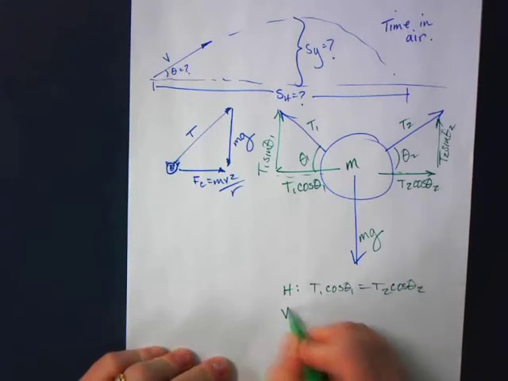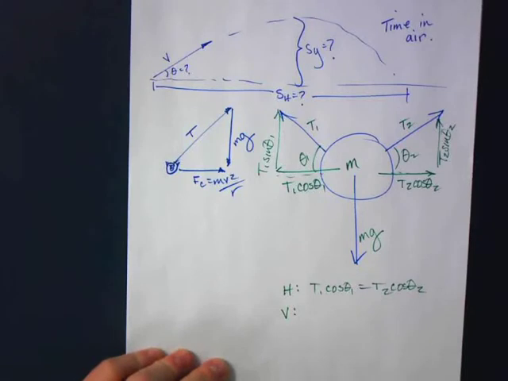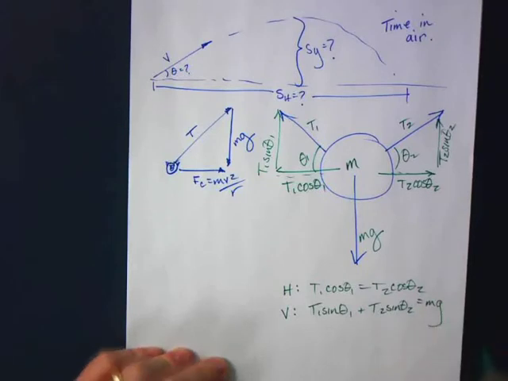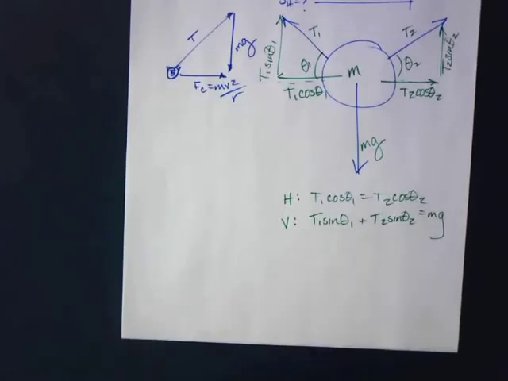Yep. And vertical? Very good. You could do minus mg equals 0 or equals m a, either one of those is fine. So ups equals downs, lefts equals rights.